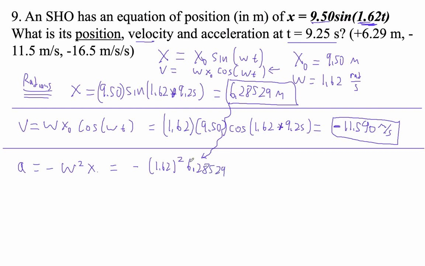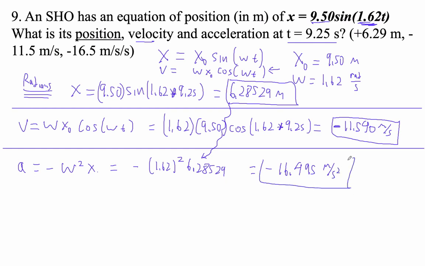Here we go. The opposite of 1.62 squared times, and I'm just going to grab that number from up there. And I get negative 16.495 meters per second squared.